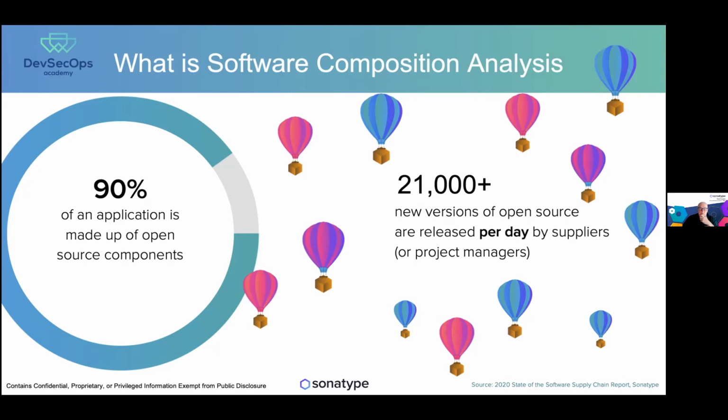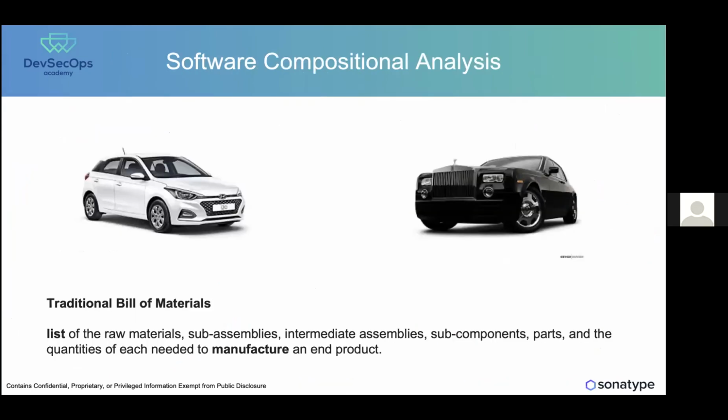So if we look at this from a traditional bill of materials view, I've got a couple of pictures of cars on the slide. Other than the fact that they both have 4 wheels, 5 wheels if you include the steering wheel, doors and bodywork and things, the generic things you expect from a car.